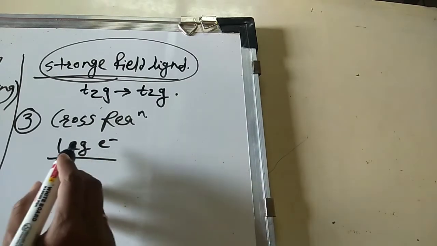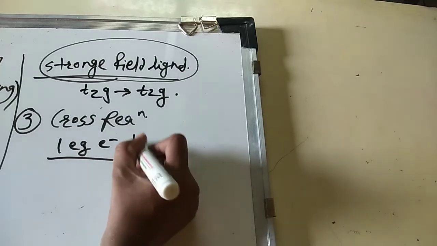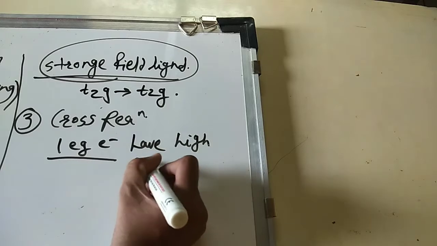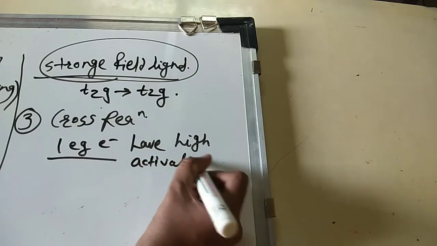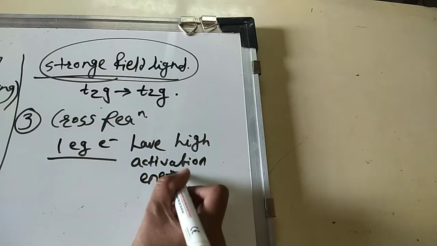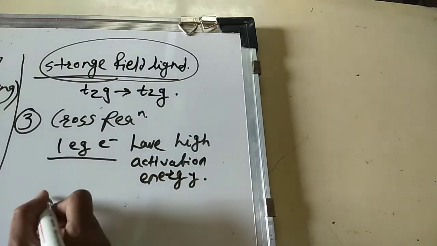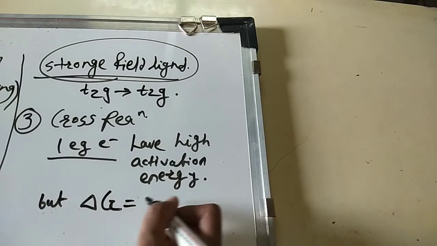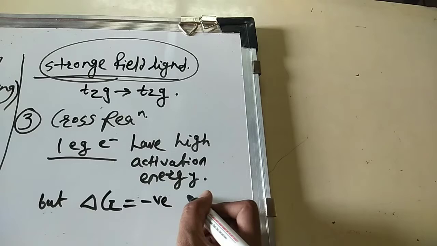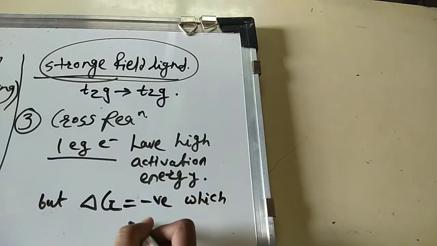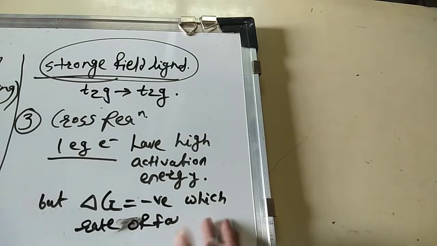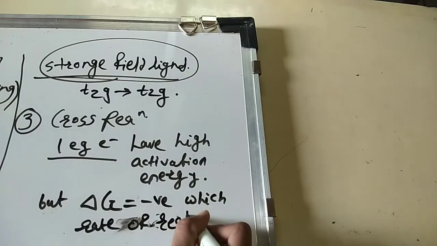Generally, when one eg electron gets transferred, it has high activation energy. But when we study the change in Gibbs free energy, it always gives a negative value, which makes the rate of reaction fast.